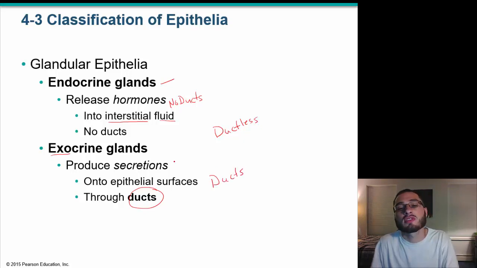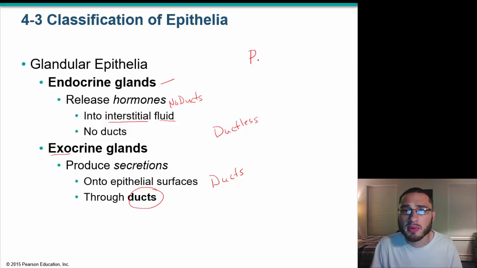So exocrine glands are going to secrete things into these ducts, and then the ducts are going to bring these chemicals to a certain area. And you have endocrine glands, which are ductless. It's going to secrete hormones into interstitial fluid, and the circulatory system is going to carry these hormones throughout the body. Right.